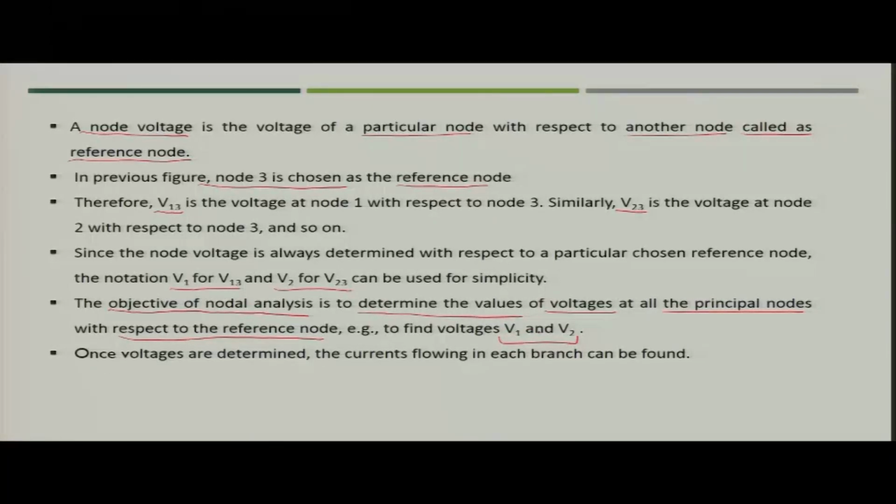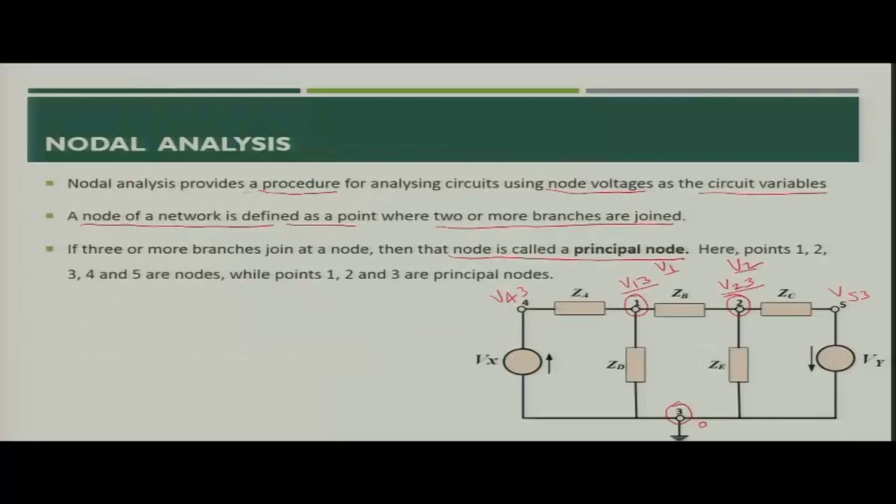When we get these values V1 and V2, we can determine the currents flowing in each branch. If you are able to find the values of V1 and V2, you can simply find the value of V4. Here V43 can be written as V4 and V53 can be written as V5.